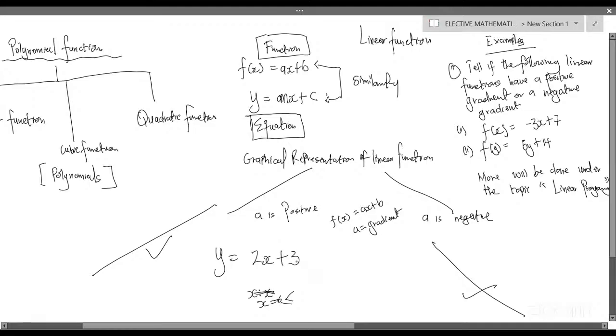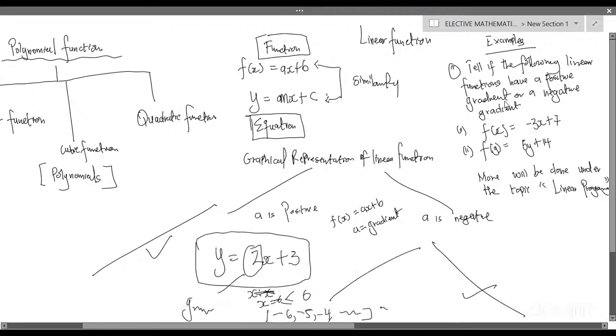So we have some examples here. You have to tell if the following linear function will have a positive gradient or a negative gradient. I believe this one is so obvious, and you should be able to figure a way out through this. So for the first one, is this linear function a positive one or a negative one?